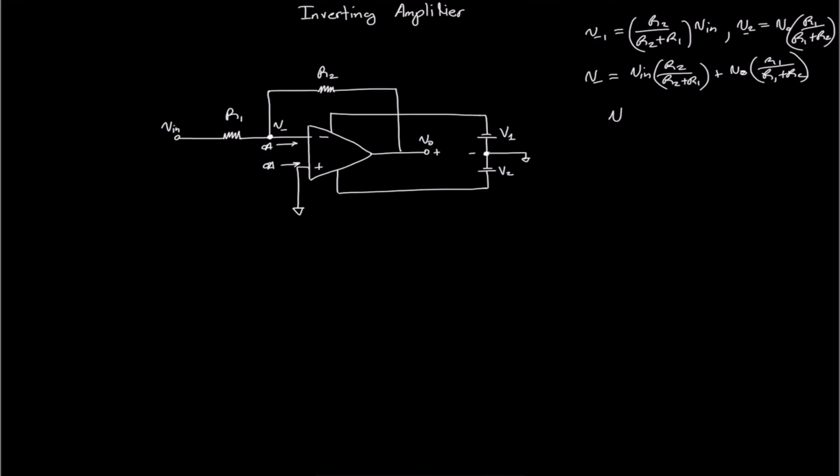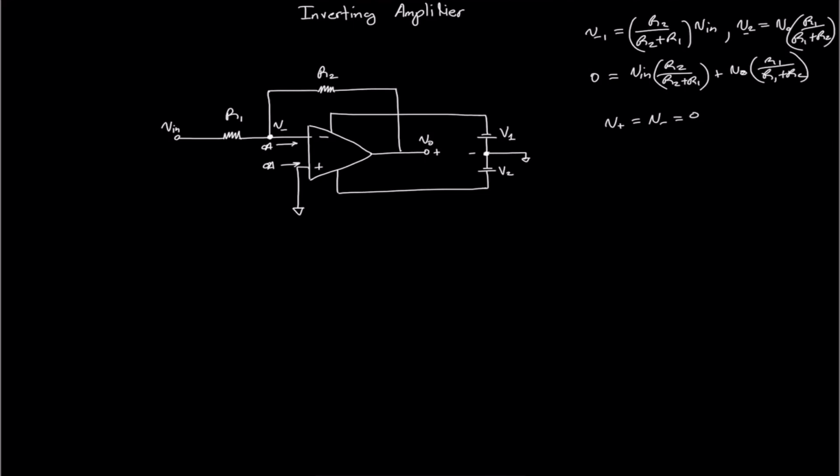If it's ideal, then we have a virtual short, and by way of virtual short, we can apply the same voltage at V plus to the terminal V minus, and we know V plus is equal to 0, so we then have that V minus is equal to 0.